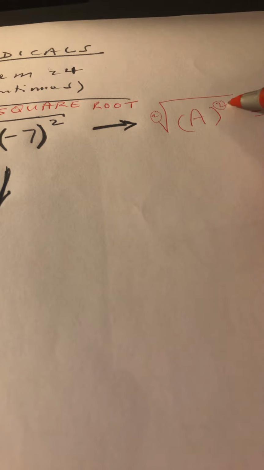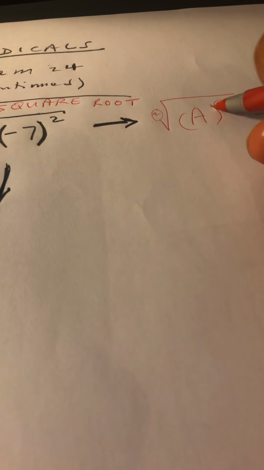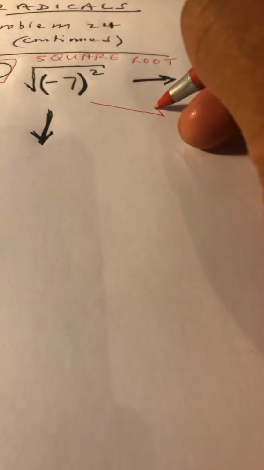So as said before, if the root and the exponent are equal, even numbers, equal even numbers, then your solution is just going to be the absolute value of a, which in this case would be the absolute value of negative 7, which is going to be 7.